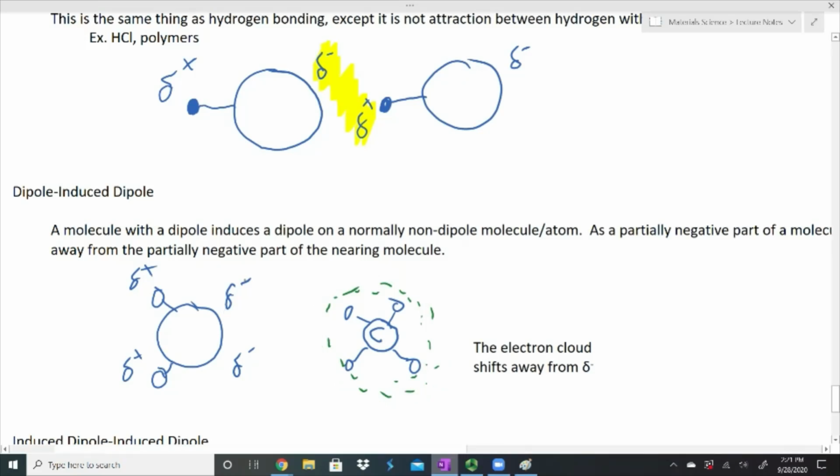This is partially negative, right, on my water molecule, which means as it gets closer and closer, these negatives that were near it are going to want to shift to the opposite side. Well, now I have a polar molecule. It's not very polar, but this side is more positive because the electrons have been pushed to the other side. So the electron cloud shifts away from something that is negatively charged. And as, again, we take away thermal energy, it's going to get close enough together to where it is going to stick.